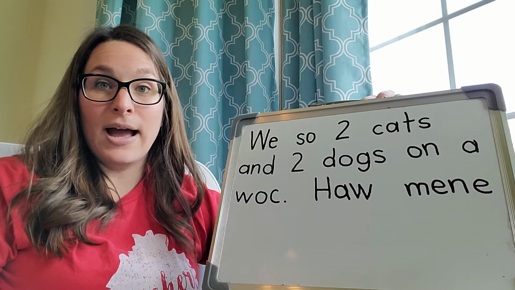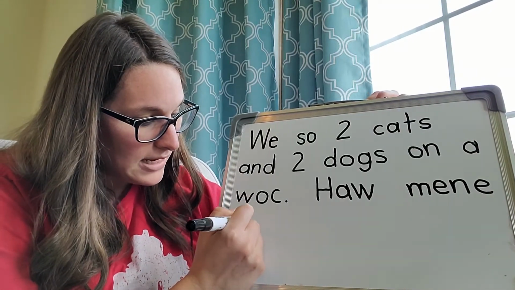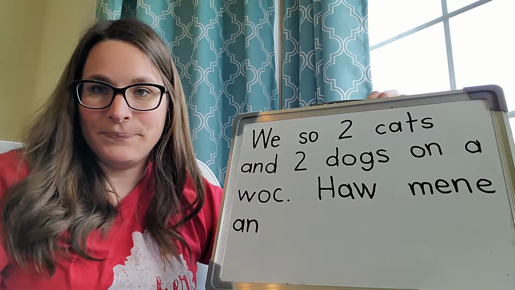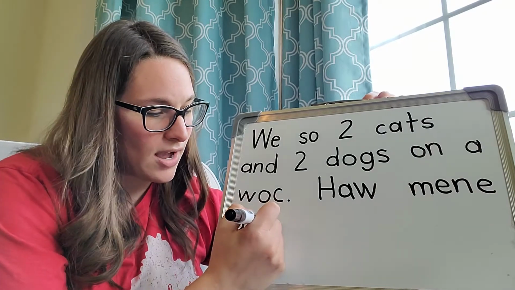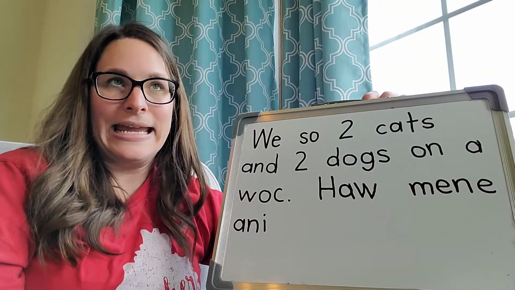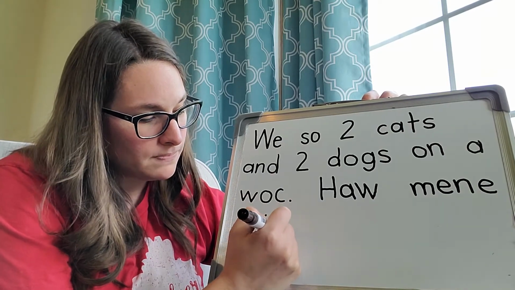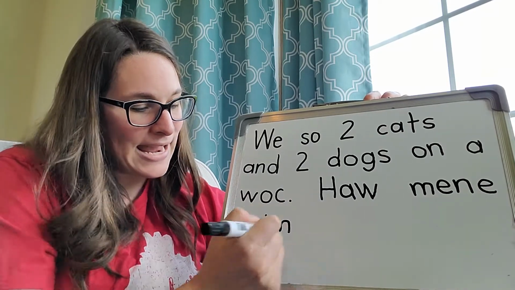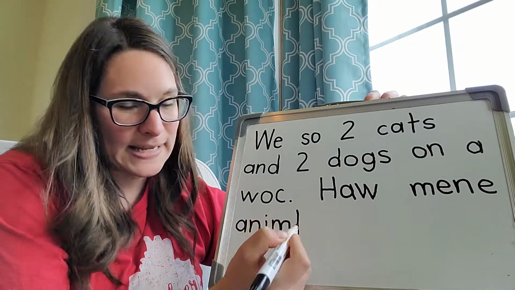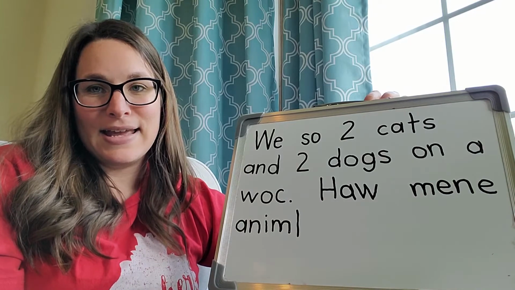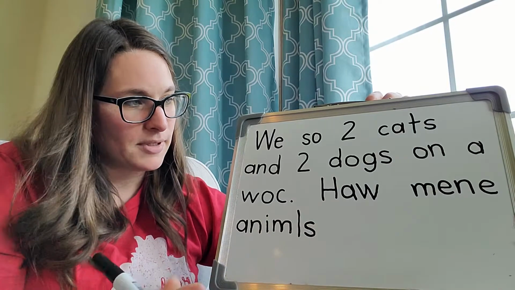So I know that an is A-N, so I'm going to begin my animals with A-N. An, I hear an I saying I. An-I, I hear an M. An, I hear the ul sound, so I'm going to make an L. Animals, and then I hear the S sound, so I'm going to make an S.